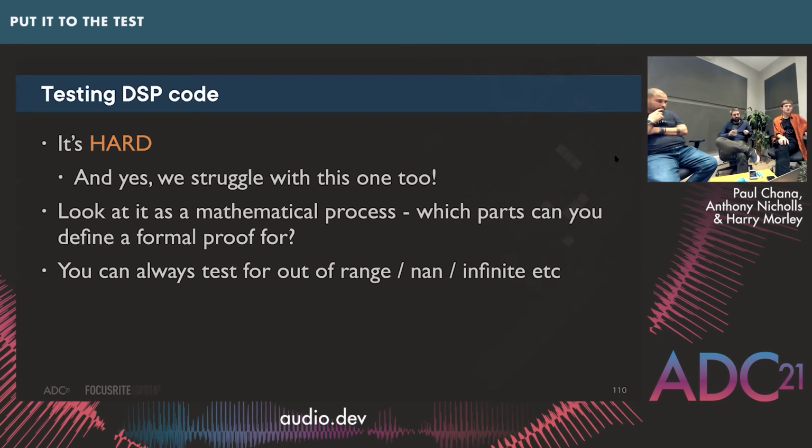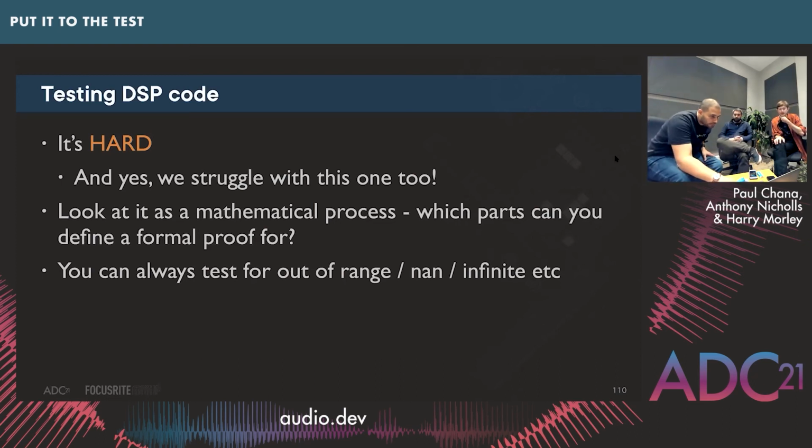Then it was agreed that 5 samples, even at 44K, was less time than a USB microframe, so we were happy with that. We just had to encode that in our tests and say that we were allowed a margin of error of 5 samples either side. That is a way you can start to deal with that, and that becomes part of the documentation of the tool itself.